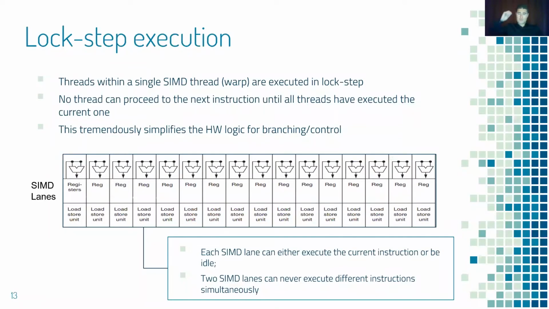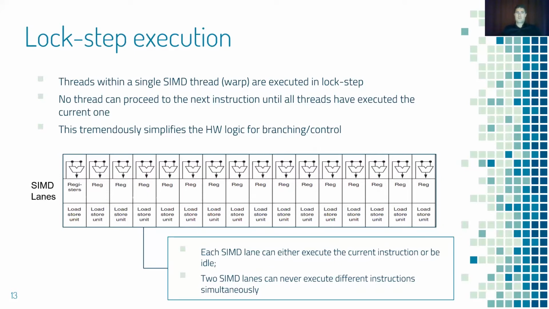Okay, so another important concept to understand is what we call lockstep execution. Threads within a single SIMD thread or a warp are executed in lockstep. What this means is that no thread within a warp can proceed to the next instruction until all threads within the warp have executed the current one.